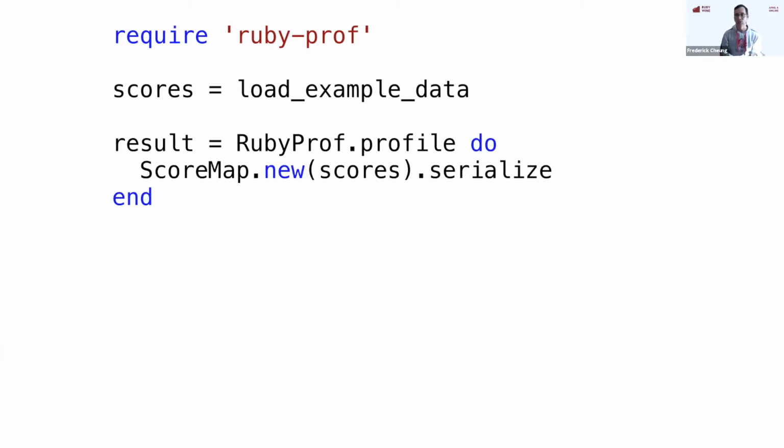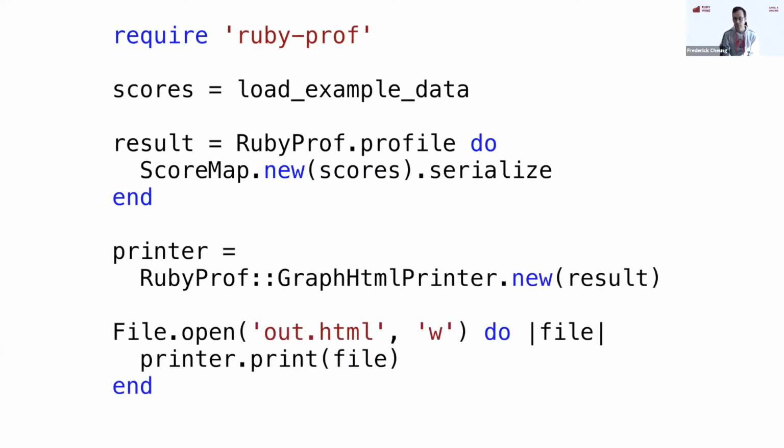This is where we actually do the profiling. So you can invoke ruby-prof in multiple ways. I quite like this one, where you do ruby-prof.profile, and anything that's in the block will get measured. And at the end of this, the result will be a data structure that comes out of ruby-prof, which contains all the data it's recorded. So obviously then you need to format that in some way that's readable by a human or by an external tool. ruby-prof ships with a bunch of formatting tools.